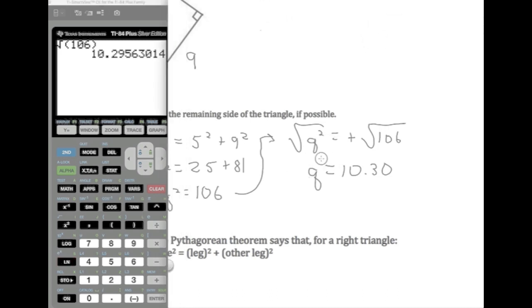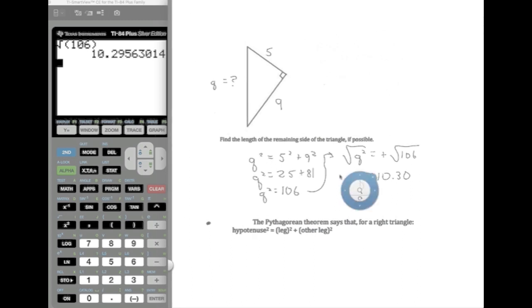It's always good once you've figured out an answer to build that into your sketch. So we know now that this length is 10.30. We could also have done this all in one step on the calculator.